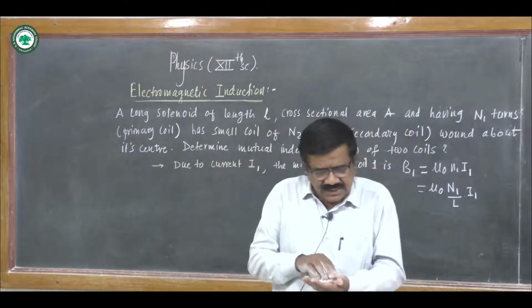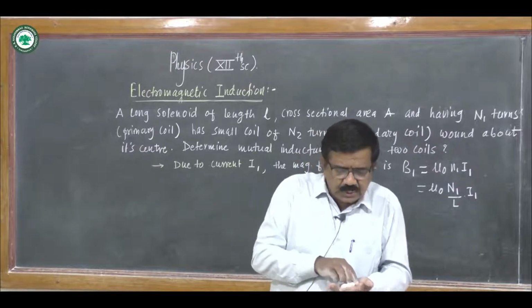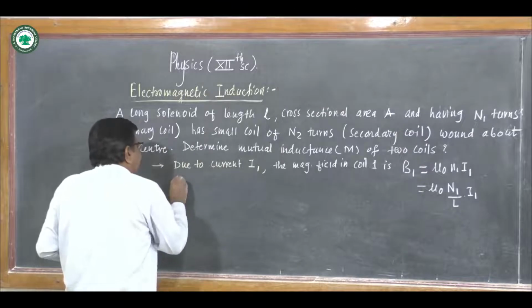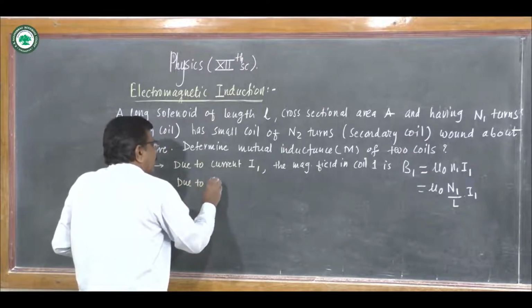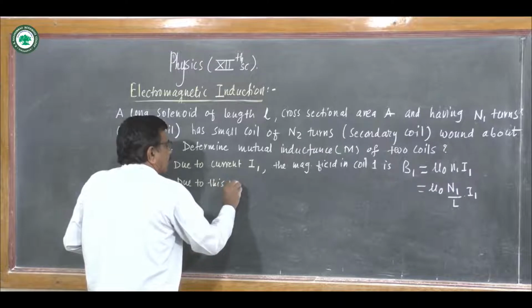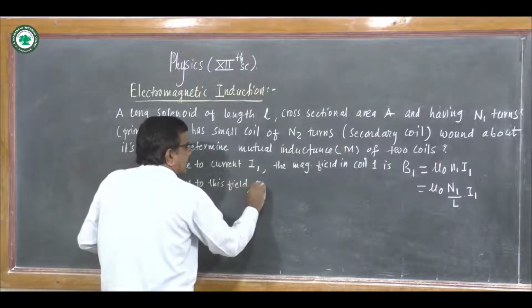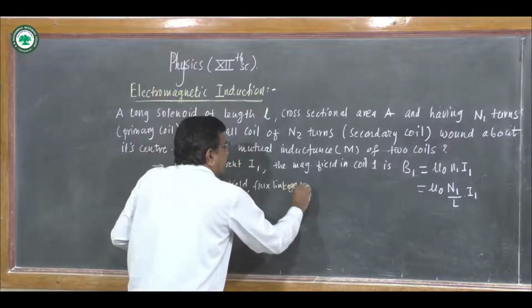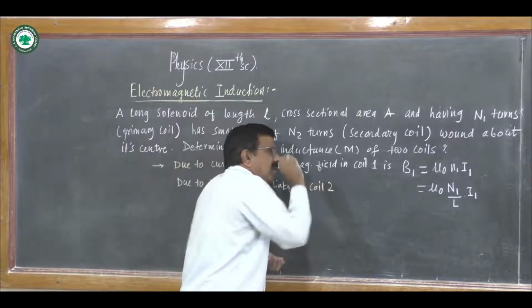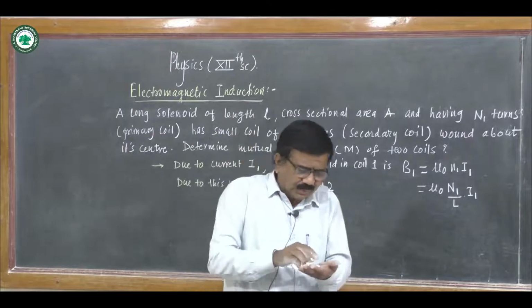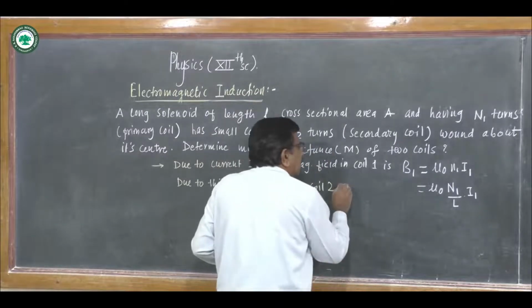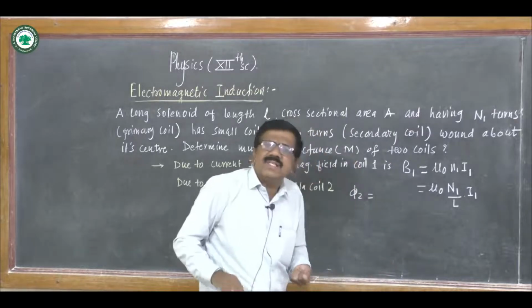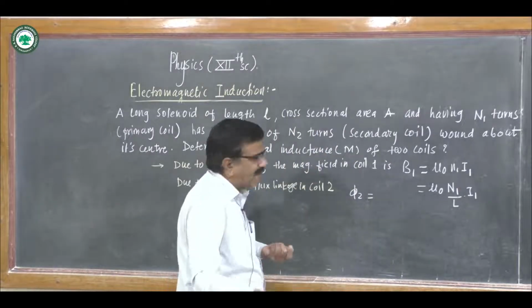Due to this field, the flux linkage in coil 2 we denote by phi 2, and that is N2 phi 1.